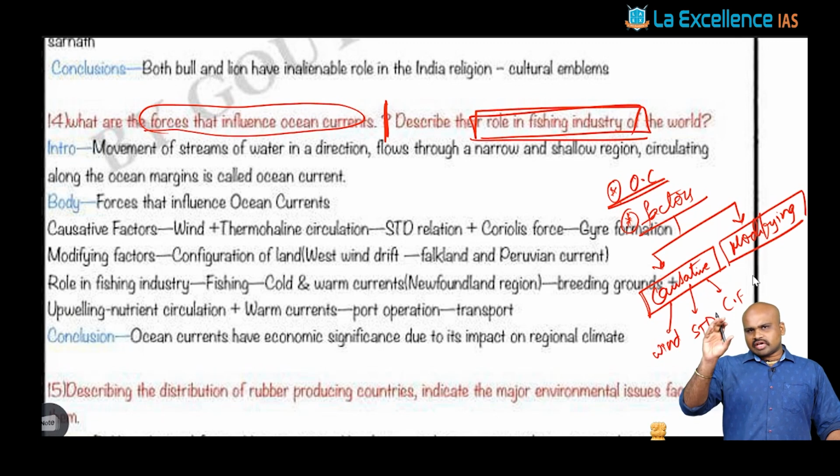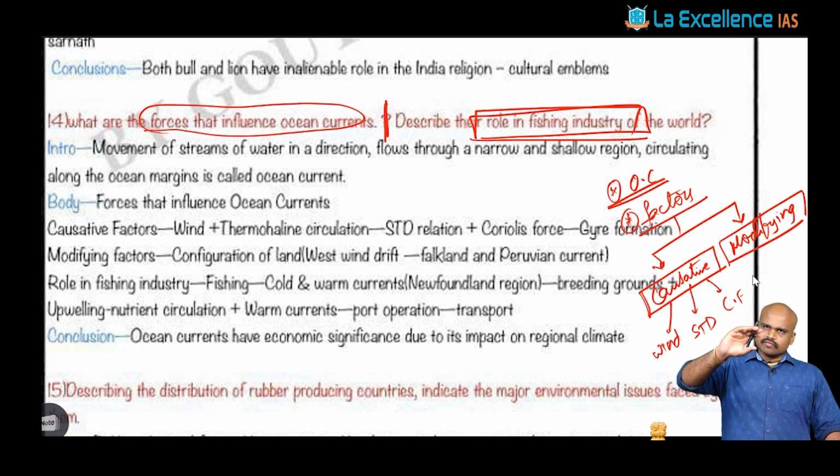When we look at gyre formation in the northern hemisphere and the southern hemisphere, you would see that these are in varied directions. That variation in direction is fundamentally due to the Coriolis force as a causative factor.